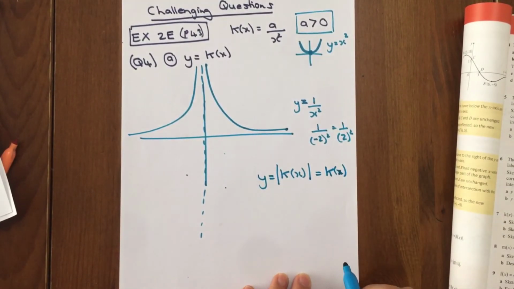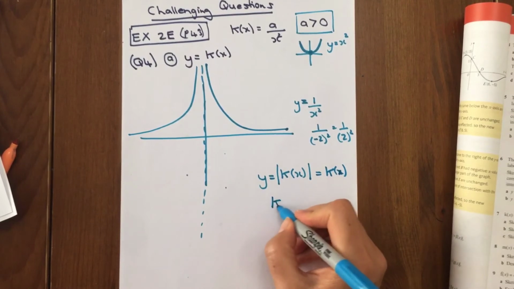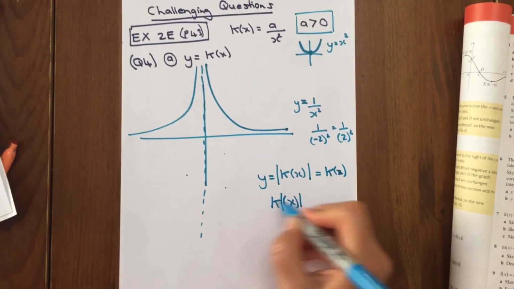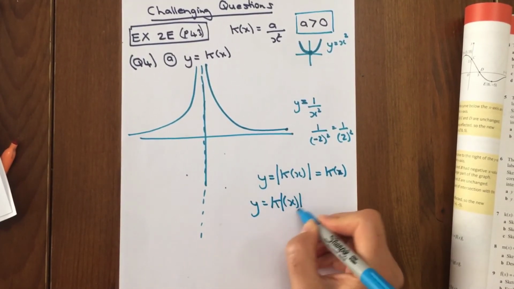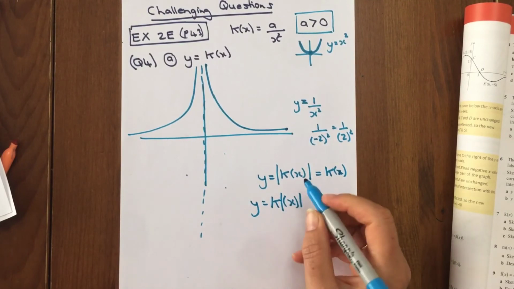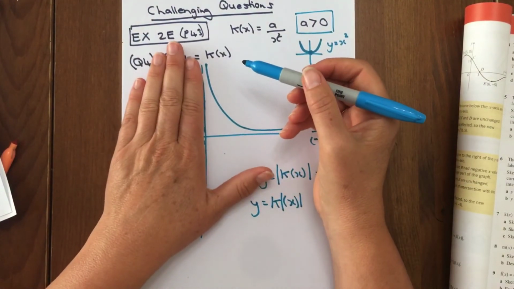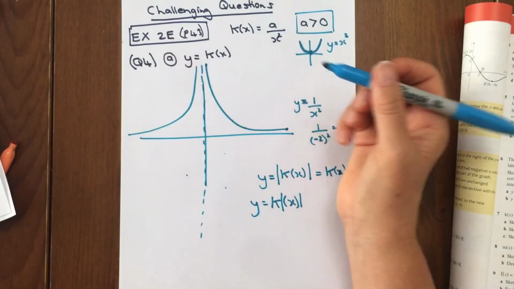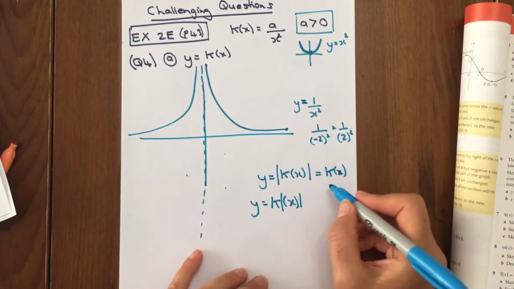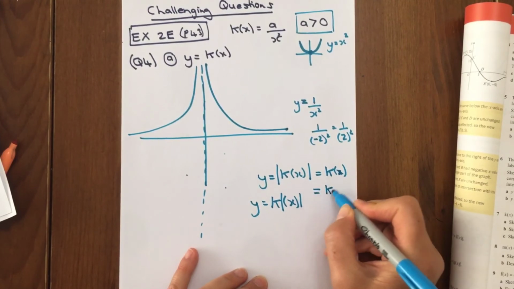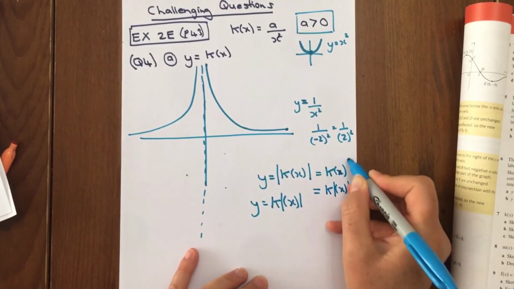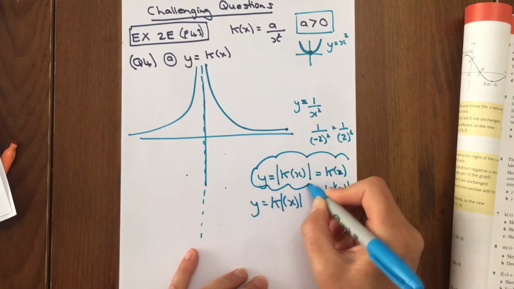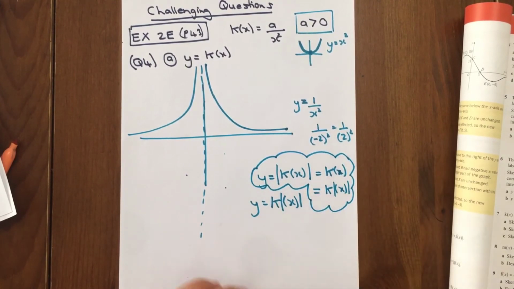And if we were to look at this, the modulus of x, that means we ignore all the negative values for x, and this is split. Well, that's already the case. So this is quite a unique graph where each of these functions are exactly the same graph. So that's why you don't need to sketch them because they're exactly the same.